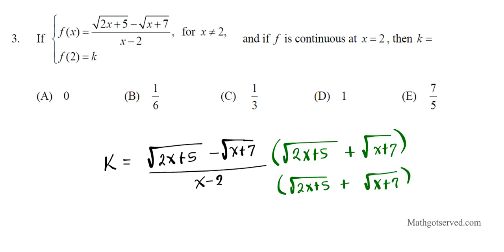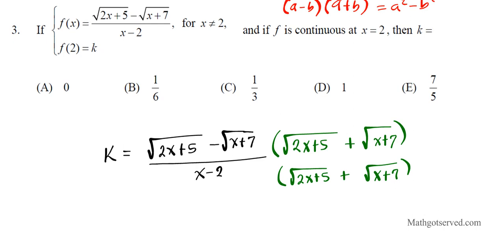If you distribute the top using the difference of squares formula, we all know that a minus b times a plus b is equal to a squared minus b squared.